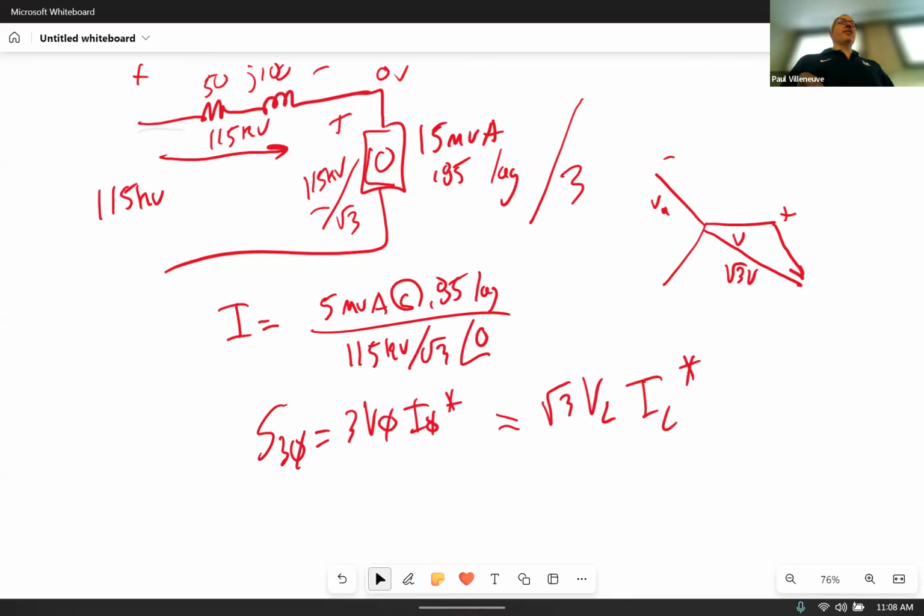In a Y-connected circuit, the line current is the same as the phase current. In a delta connected circuit, the line voltage is the same as the phase voltage, but they're not always the same. So you always have to divide square root of something by the square root of 3. Either I'm going to divide the current by the square root of 3 or the voltage.